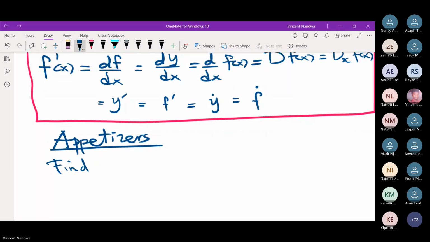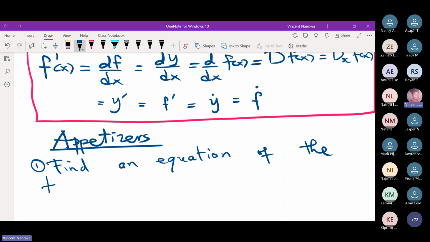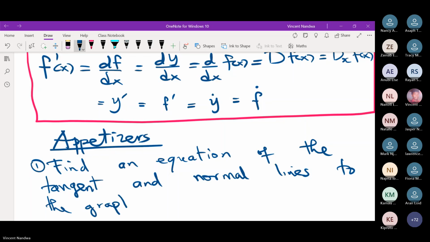Find an equation of the tangent and normal line to the graph of f of x equals x squared at the point x equals 5.